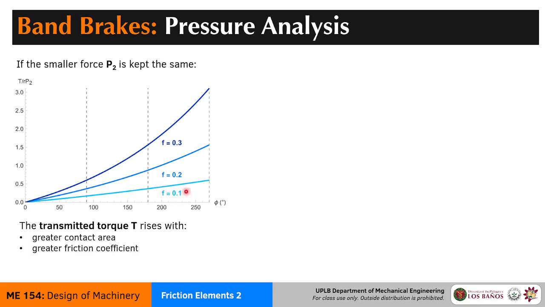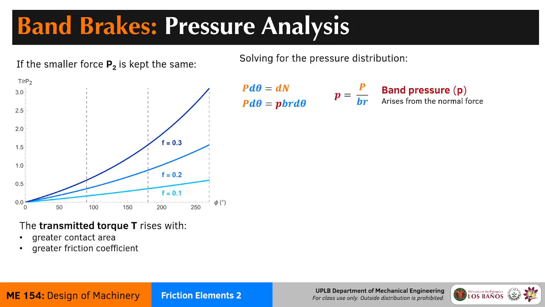And also, if you increase the friction factor, so you get a rougher material to contact your drum or your disc or your pulley, the more torque you can transfer to the drum or brake itself, right?